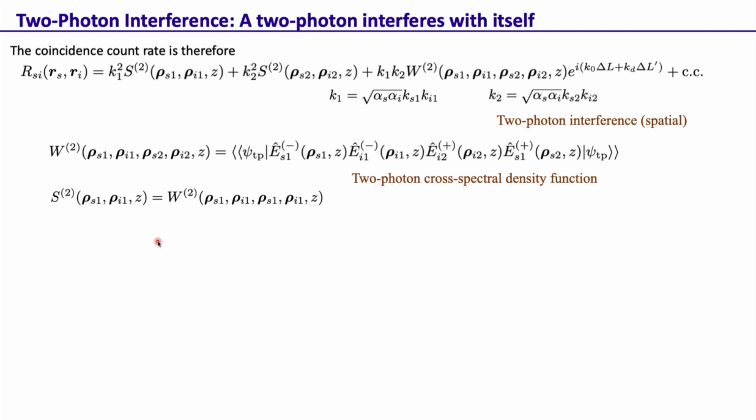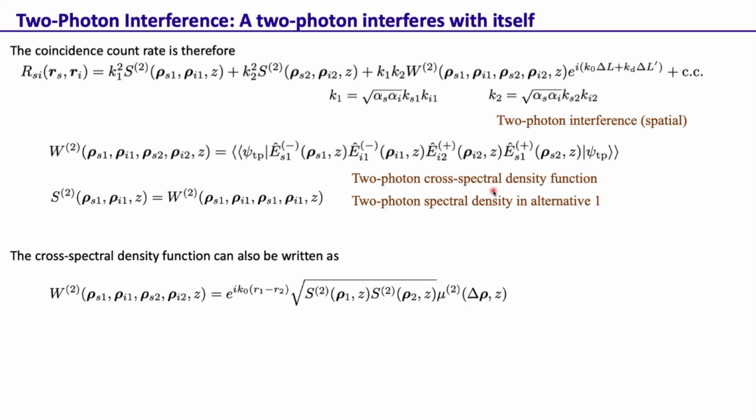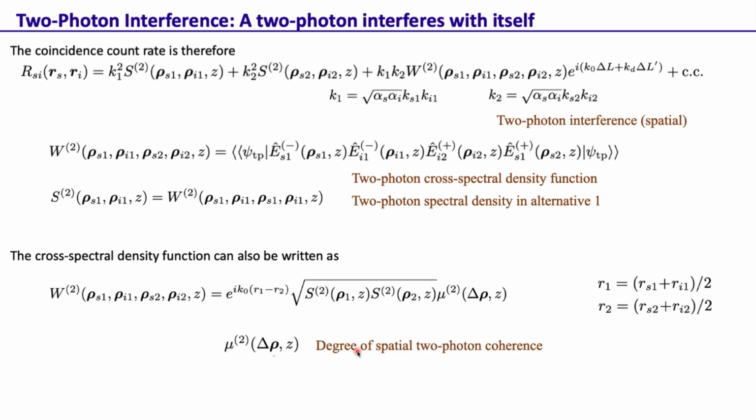And this S2 we can call the 2-photon spectral density in alternative 1. Similarly, this one is the 2-photon spectral density in alternative 2. And the cross spectral density we can then write in this manner, where we introduce the spectral densities and this function, which is the degree of spatial 2-photon coherence.